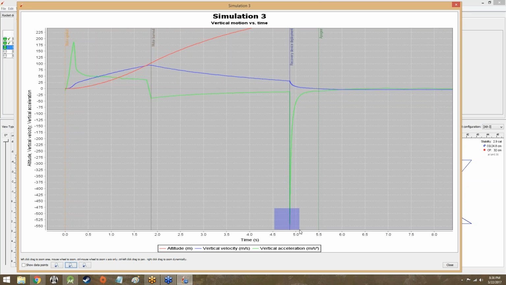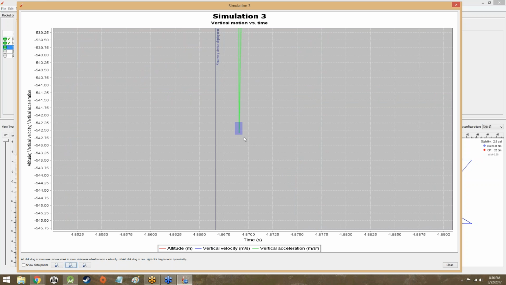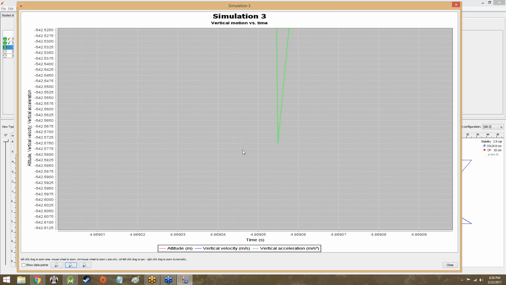So just for funsies, what are we looking at here? What is this negative acceleration? 542.5750 meters per second downwards. I already did the math in my last class. That is roughly equivalent to Mach 1.5.